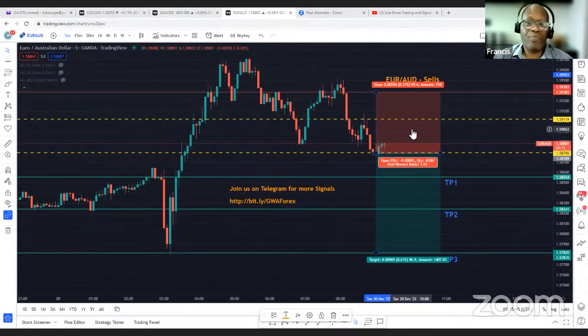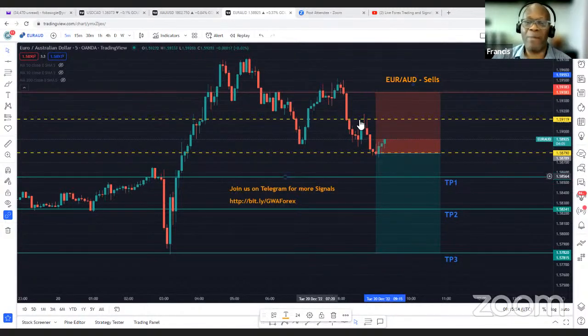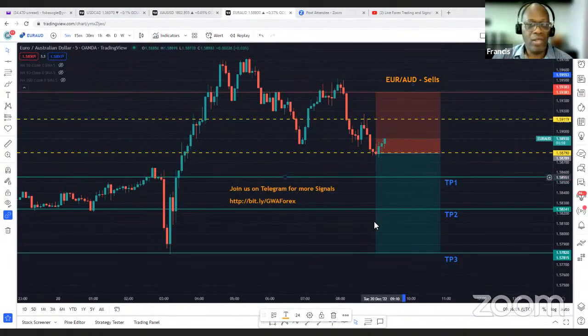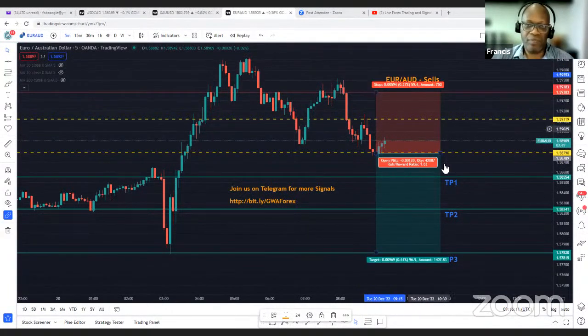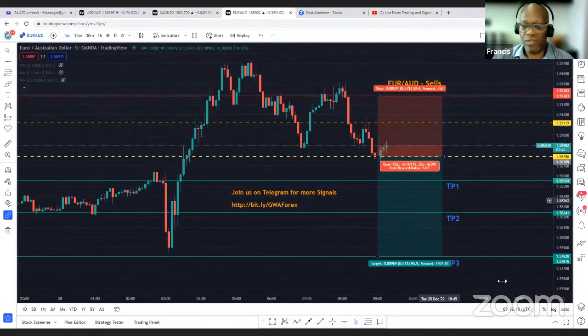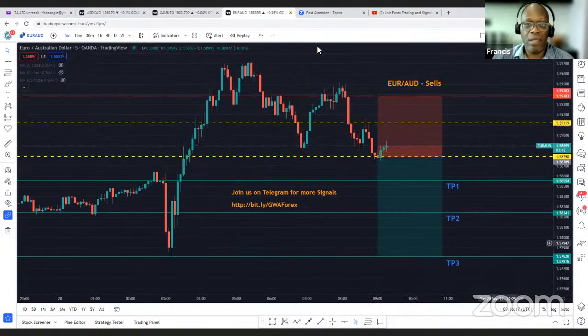The strategy I'm using now basically has at least a 75% probability of winning. So you won't find me moving my stop loss, because there are times when it goes close to the stop loss and then goes back in our desired direction. If you want to stick to my strategy, I would say not to move your stop loss, just leave it as it is.